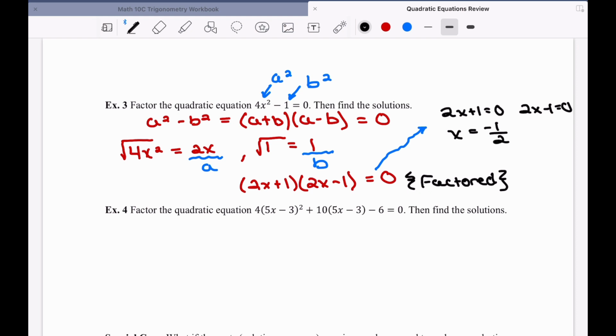And then on 2x minus 1 equals 0, if I add the 1 to both sides and then divide by the 2, I'm going to get x is equal to 1/2. So I get x is equal to negative 1/2 and x equals positive 1/2, and these are considered the solutions to my quadratic equation.